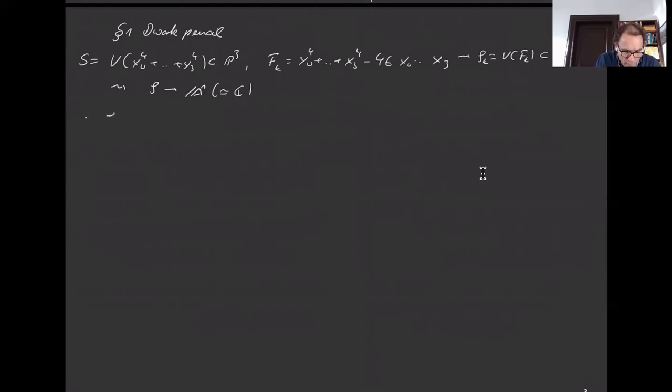Okay, we know that not all fibers are actually smooth. The fiber is smooth if and only if T is not a fourth root of unity. If it is, so if the fiber is singular, then it has just 16 ordinary double points, and the minimal resolution is then a Kummer surface.